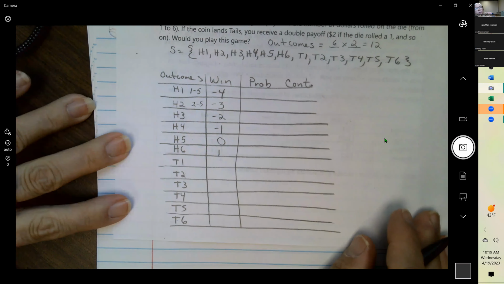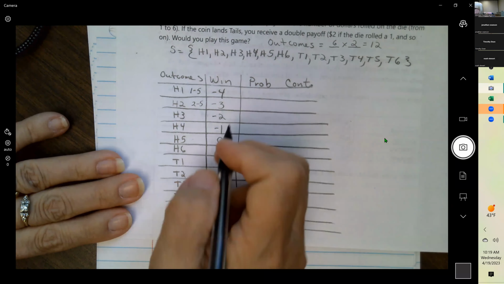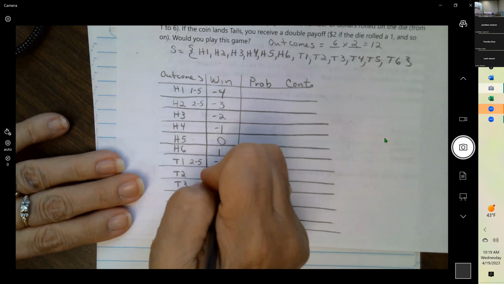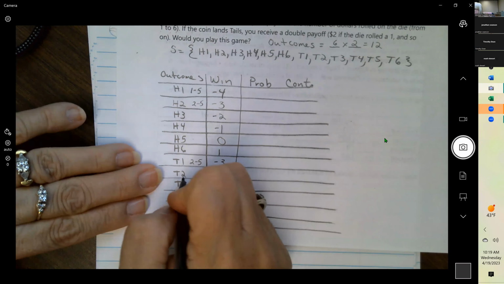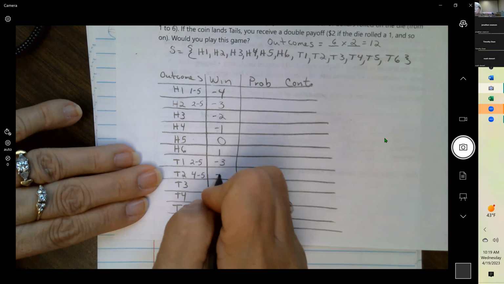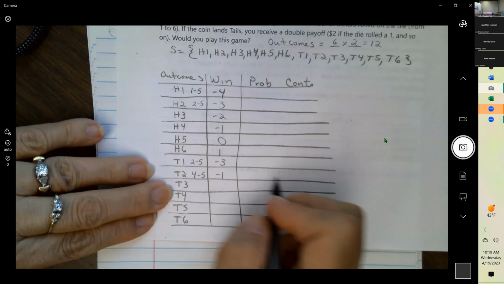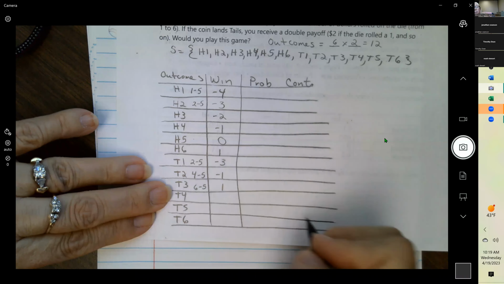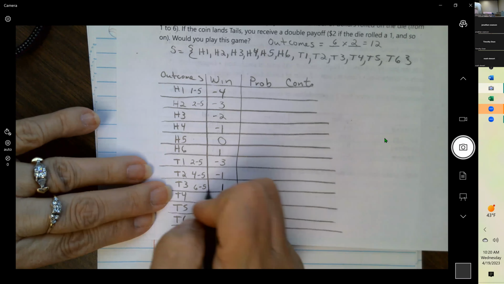The tails, you win double. So a 1 wins you 2. 2 minus the 5 to play, we're still lost money, but here's 2, so double is 4. You only lose $1 there. 3 doubled is 6. We win $1 here. Any questions on that?